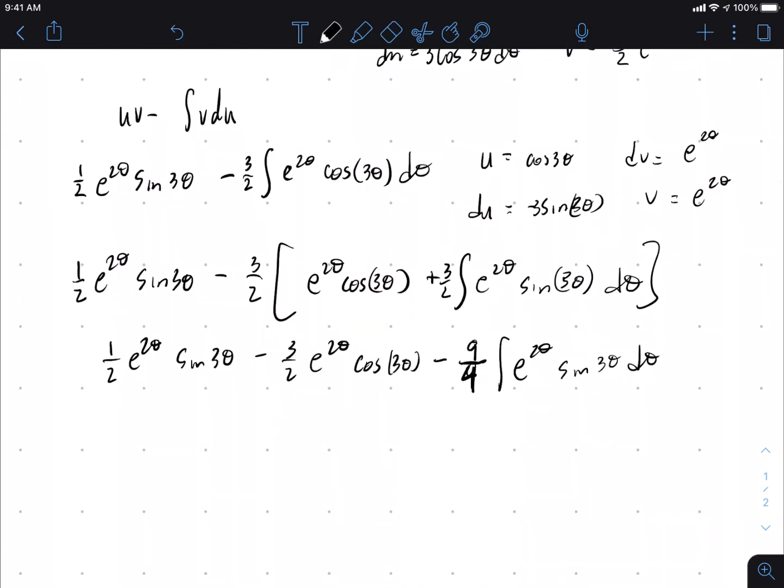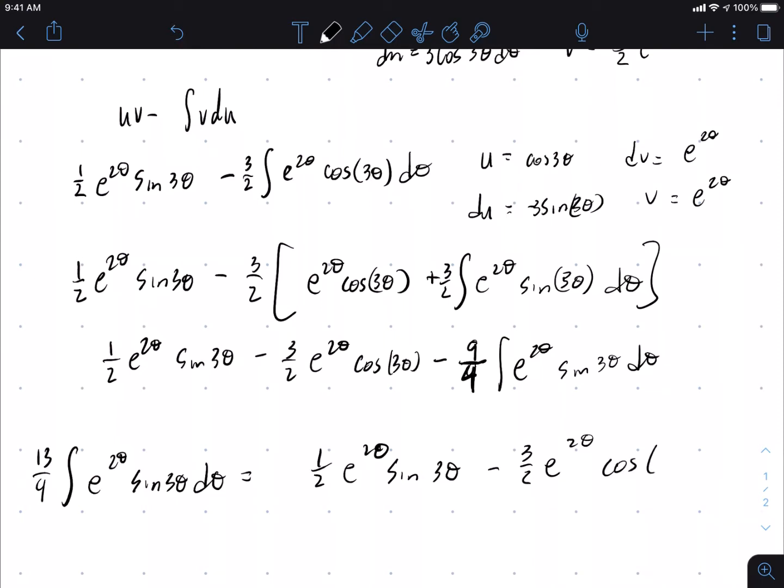But that will end up equaling 13/4 integral of e to the 2 theta sine 3 theta d theta is equal to 1/2 e to the 2 theta sine 3 theta minus 3/2 e to the 2 theta cosine 3 theta, correct? Yes. Any questions on how I got that 13/4?